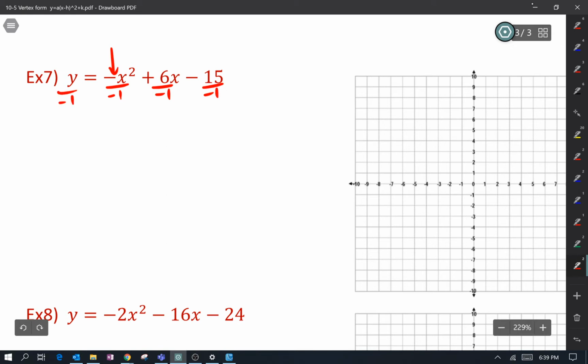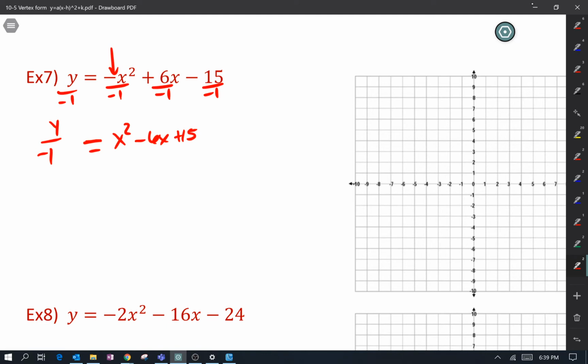And watch this. This is the new weird part. We're going to get y over negative 1 equals x squared minus 6x plus 15, all right? Then we're going to subtract 15 from both sides.